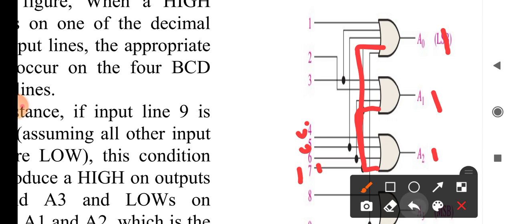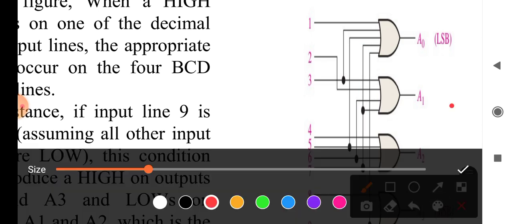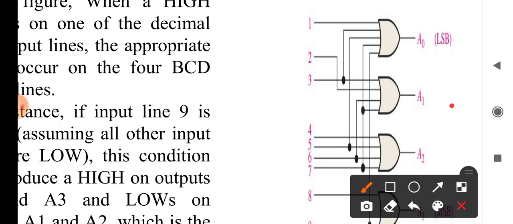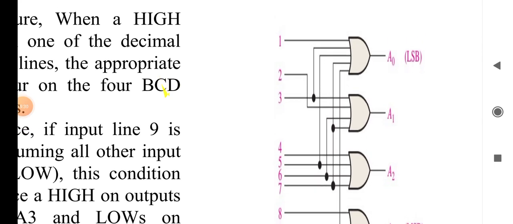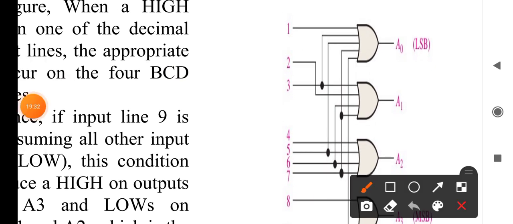Say we consider one more case of the digits, say 6 or 5, we can say 5. Take the condition of 5 here.